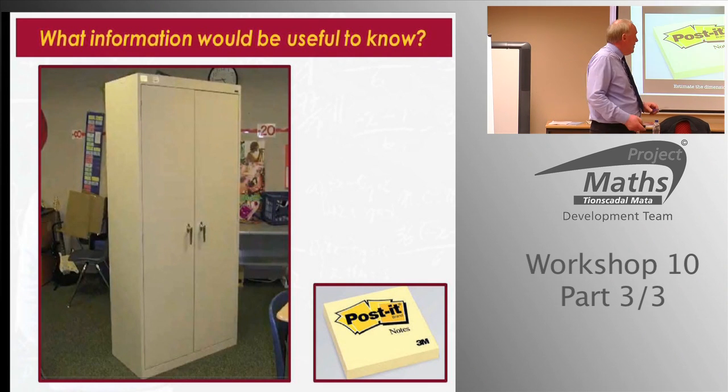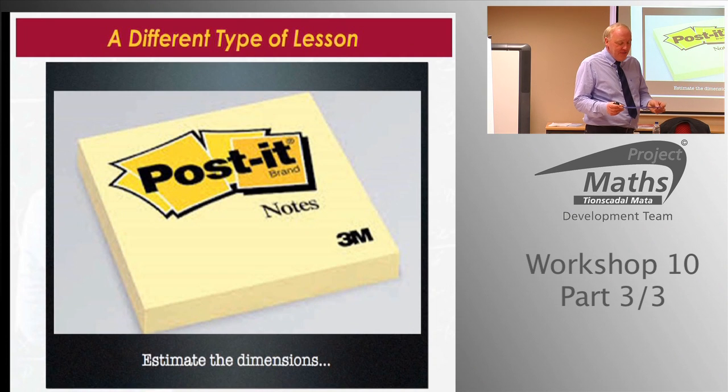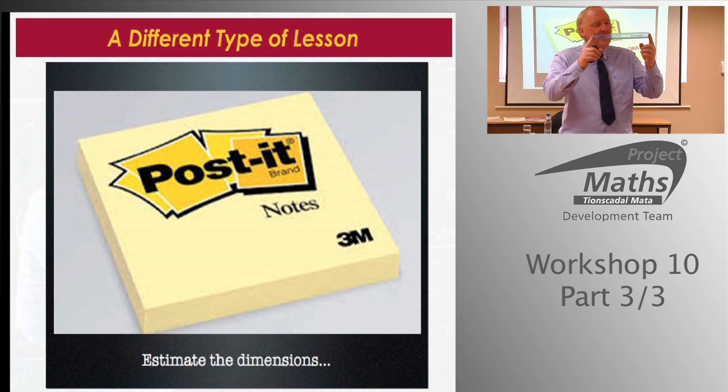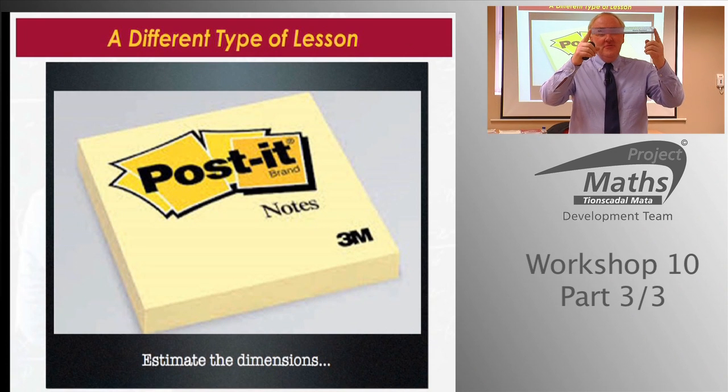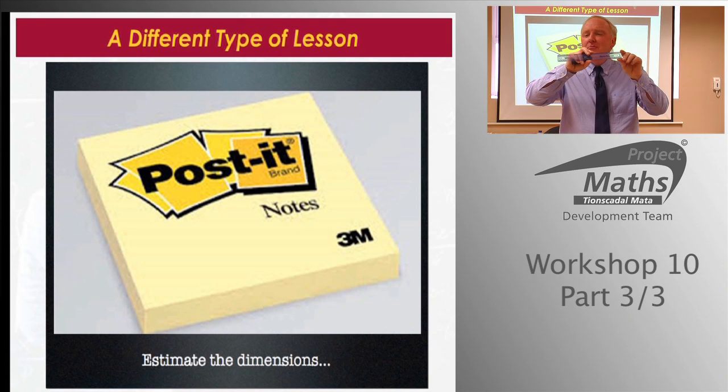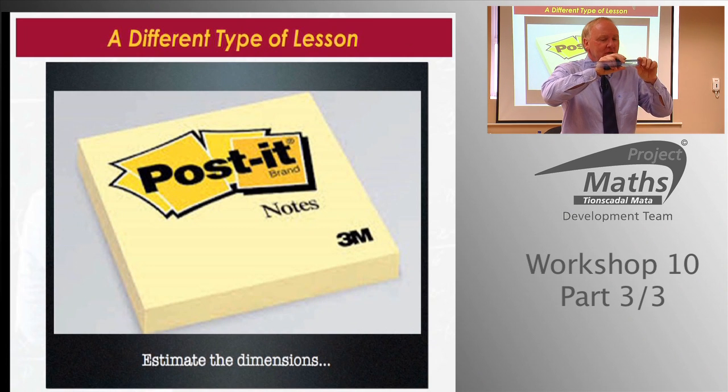Now, so if we start with the post-it and we have to estimate again, and usually I find something like this works really well. If you say to them, do you think it would be that big? And they might say, I don't think so. And say, maybe what about that? And say, is that still a bit big for a post-it? And maybe what about that? And they might say yes, and then you're reading maybe 6 centimeters or something.